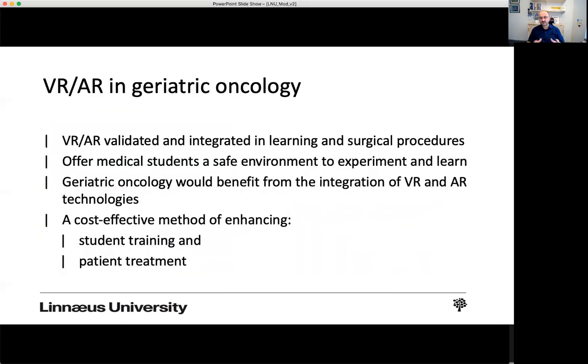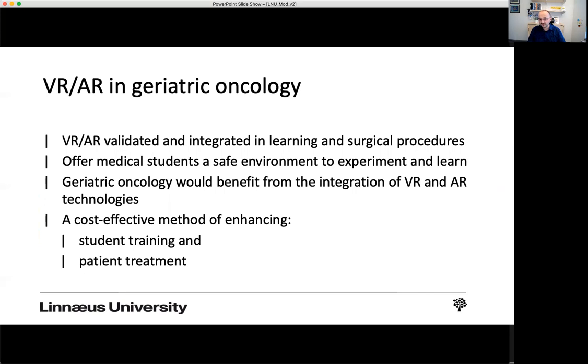So in essence, we saw how VR and AR could be used, or are already being used, in some settings. When it comes to geriatric oncology, it's good that we already have VR and AR validated and integrated in learning and surgical procedures. This gives us confidence that VR and AR have great potential to be used also in geriatric oncology.